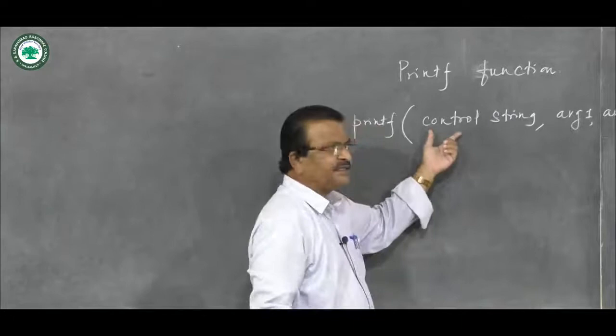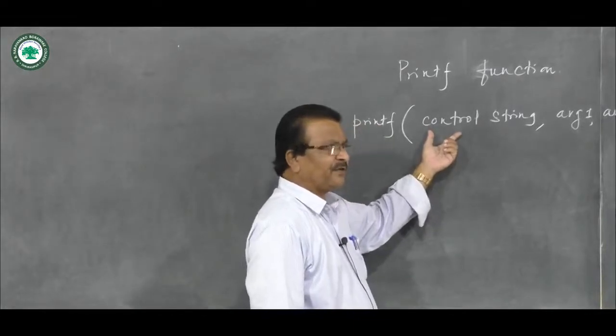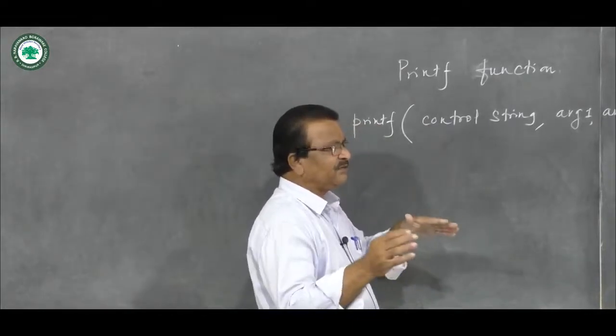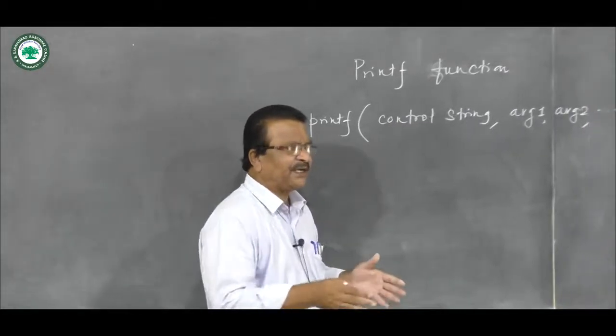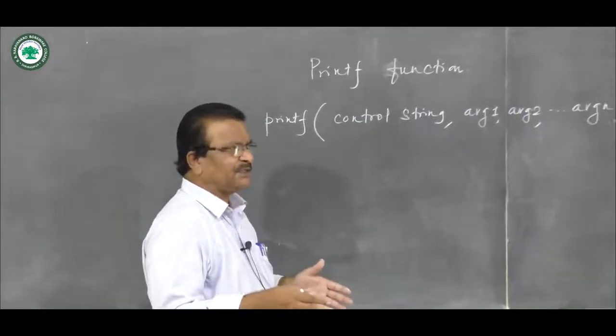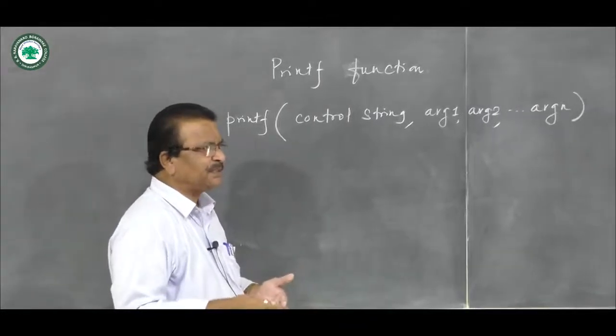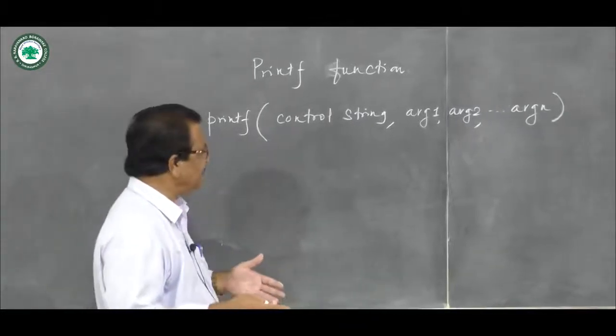Control string contains certain required formatting information, which is always written within double quotes and has character groups either separated by blank spaces or continuous, and the use of blank spaces is very common, as we have seen.